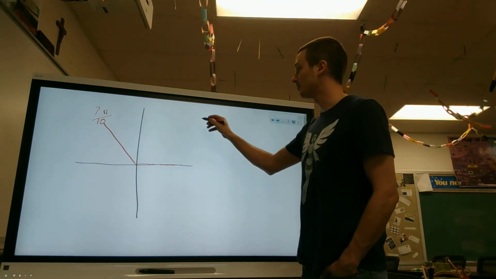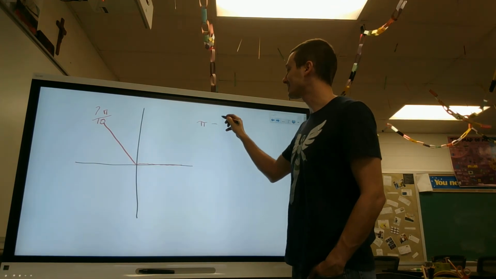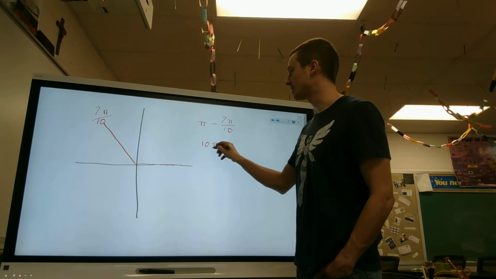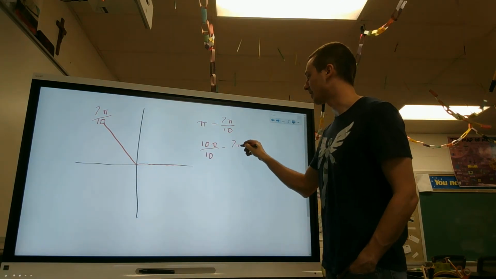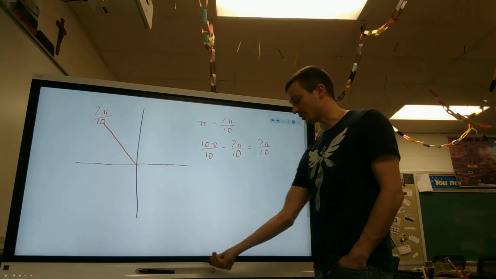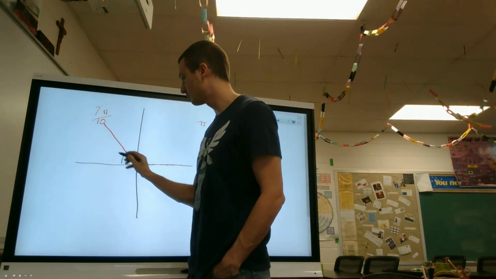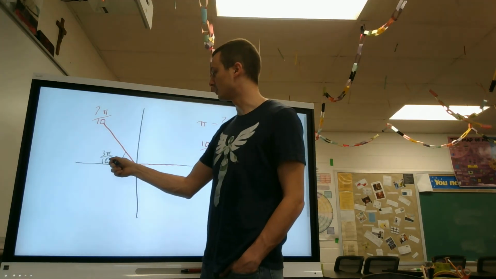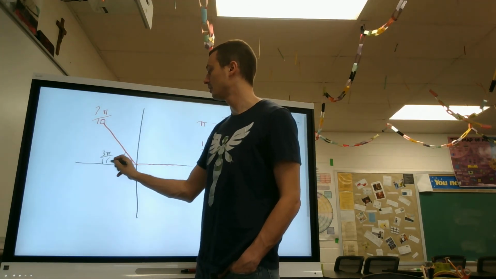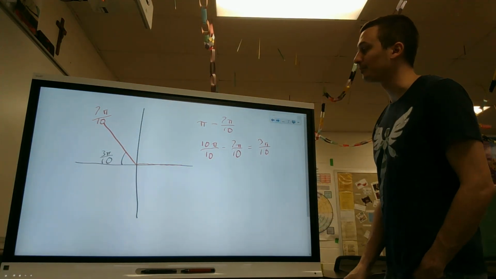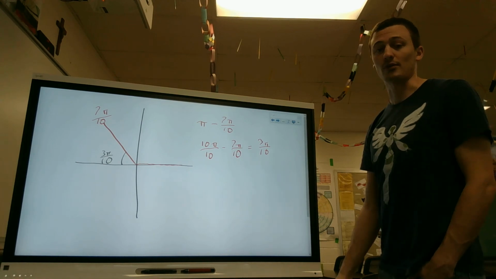So I would take pi minus 7 pi over 10, which is 10 pi over 10 minus 7 pi over 10, which is 3 pi over 10. So this reference angle is 3 pi over 10. And I probably did that the complicated way, but that's the way my brain initially thought about it, so I went with it. But yeah, that's reference angles. No big deal.